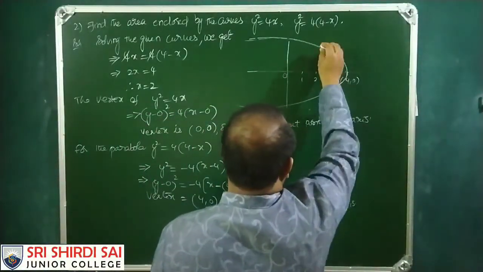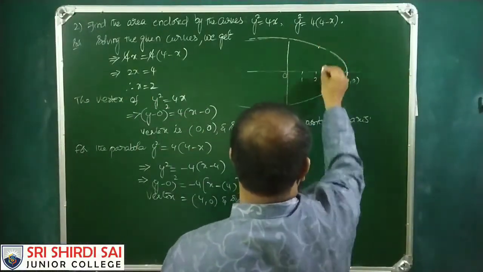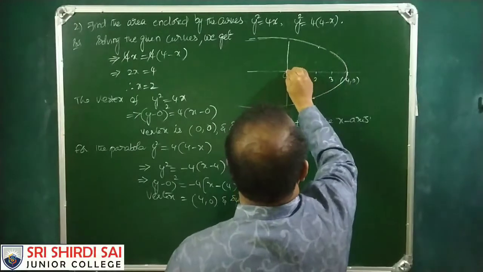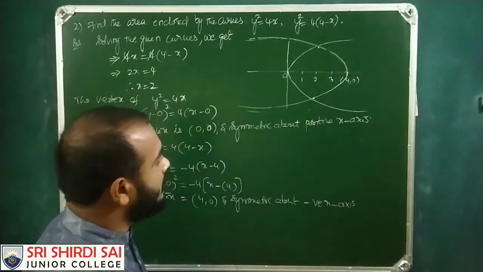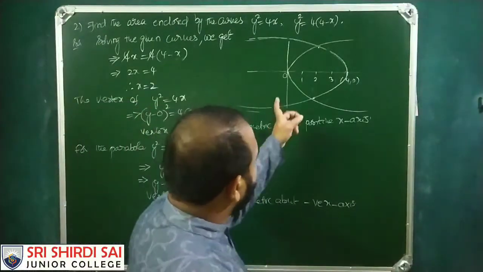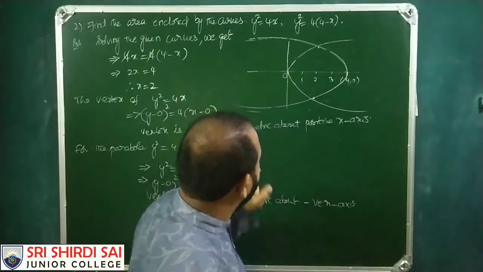And both are intersecting at which point? x equals 2. So x equals 2 means this. Both are intersecting at 2.